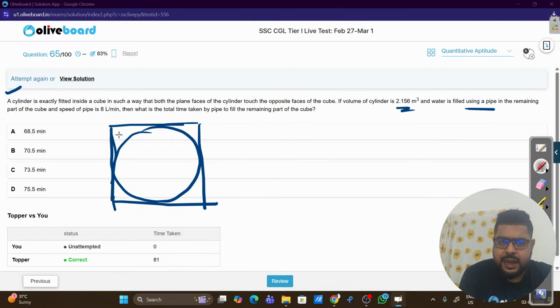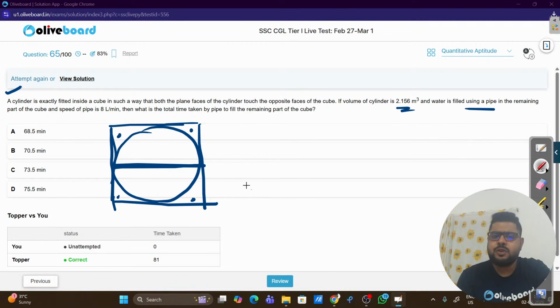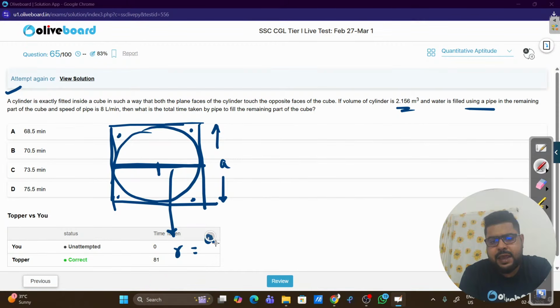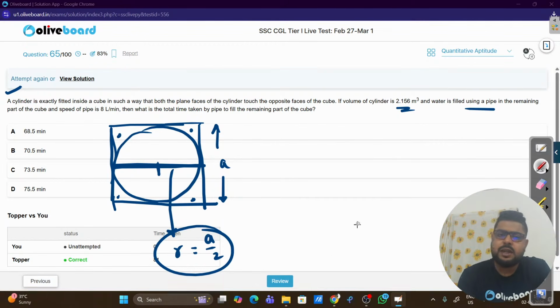So these are the areas which are not covered by the cylinder. One thing, please understand, the side of the cube is equal to the diameter of the circular surface. That is the idea. If I say this is A, sir, the radius of the cylinder will be A divided by 2, sir. Now let's figure out the volume.